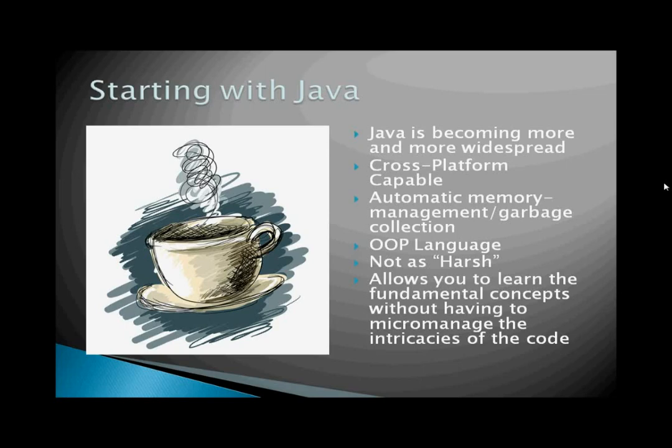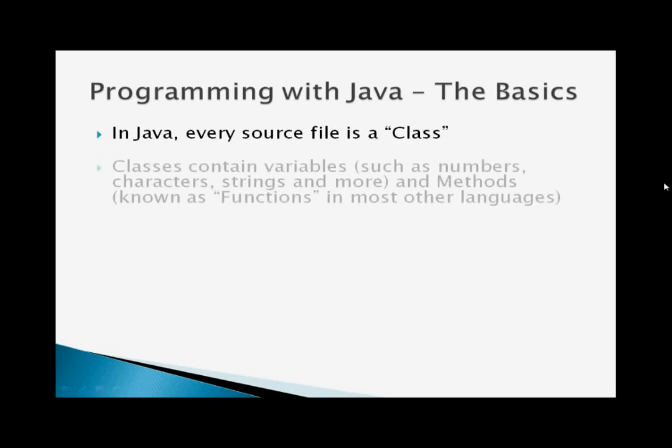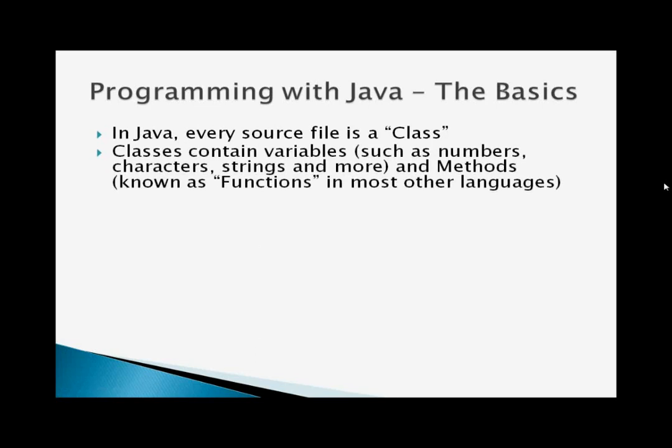So, some of the basics with Java. In general, every source file is called a class in Java. Classes are objects. They contain variables like numbers, characters, strings, and there's all sorts of other variables and objects. We'll learn more about them later.